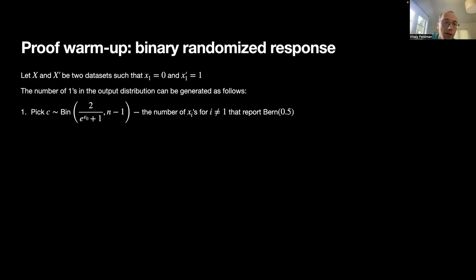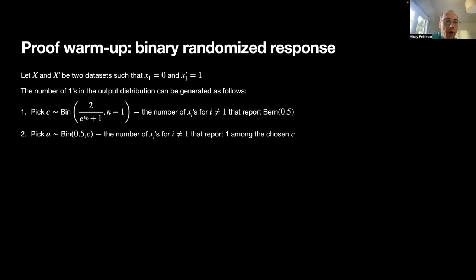So we first sample C from the distribution of the number of coin flips in the crowd. There are n-1 elements in the crowd. Each generates a coin flip with probability 2 over e to the epsilon plus 1. So the total number of those who will generate a coin flip is binomial with this bias and this number.